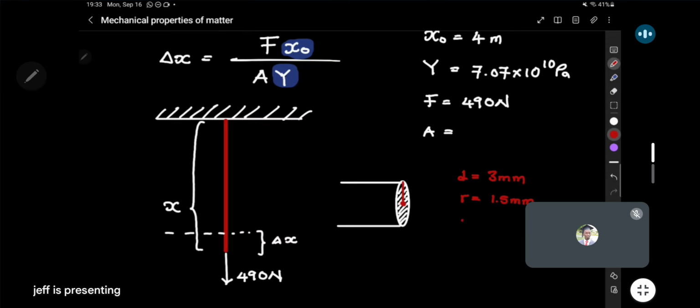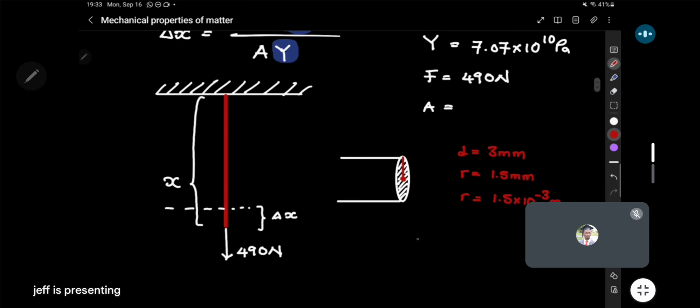So we can convert millimeters to meters. That will become just 10 to the power negative 3. This would be 1.5 times 10 to the power minus 3 in meters. Now we have the radius in meters. We can use it to get the area. The cross-sectional area is something circular, so this is going to be pi r squared.